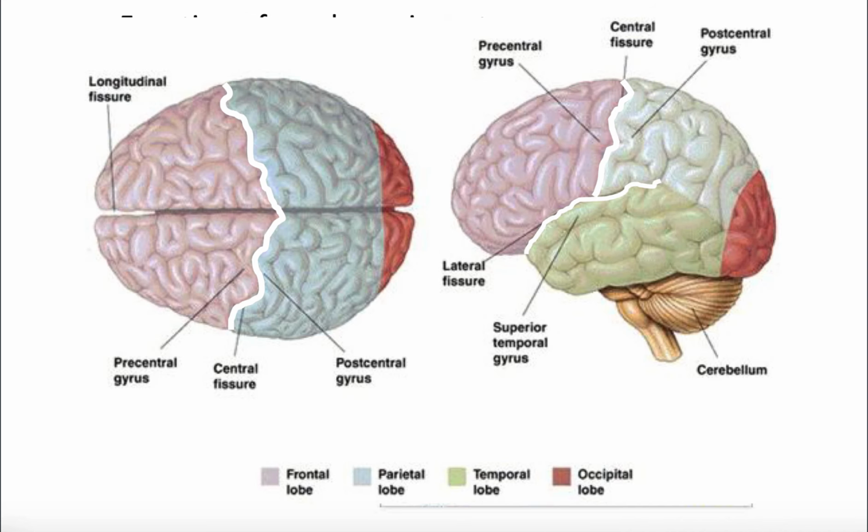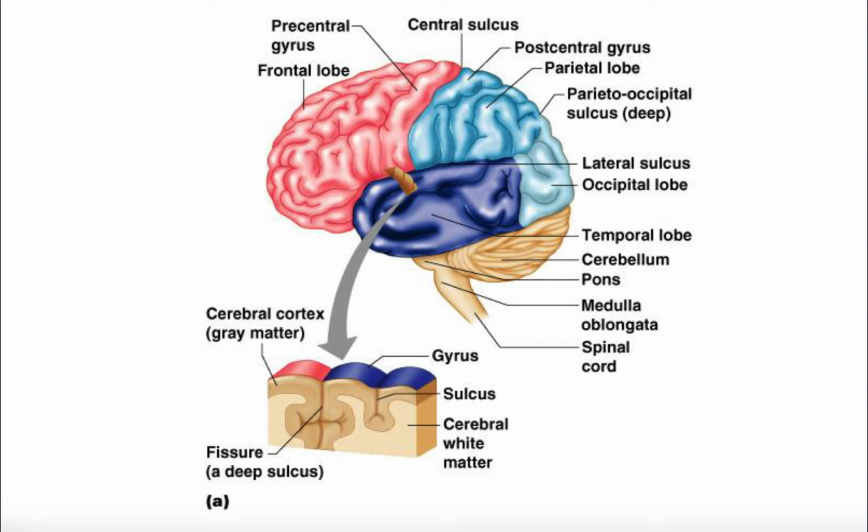All right, so now we're going to go into the major lobes of your brain. Within your cerebrum itself, there are different lobes, and each of those lobes is typically associated with certain processes. Here's another image of that. We have the dark blue, which is the temporal lobe.